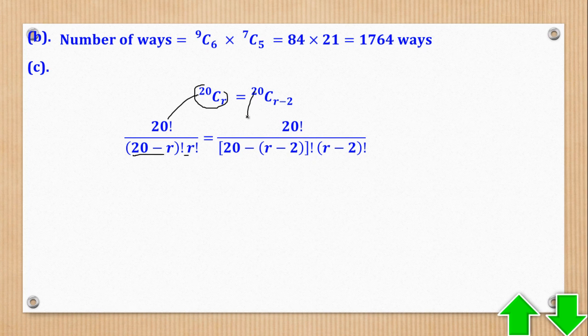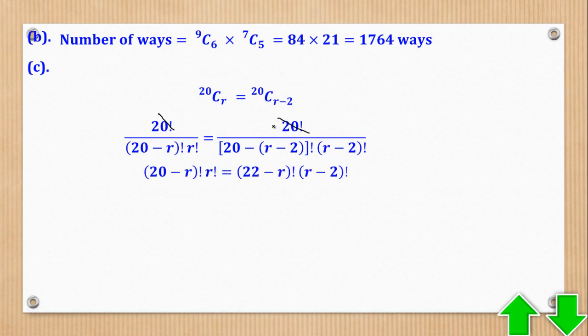This one becomes 20 factorial over 20 minus, in brackets, R minus 2 factorial times R minus 2 factorial. So these 20 factorials can cancel. When they cancel, you remain with this one now equal to this. Then 2, I need to also remove some factorials.